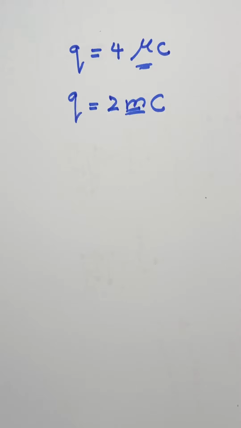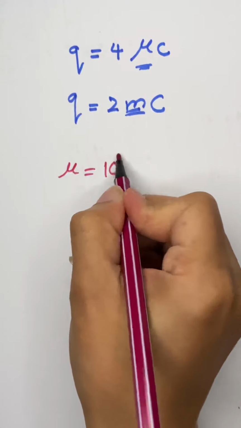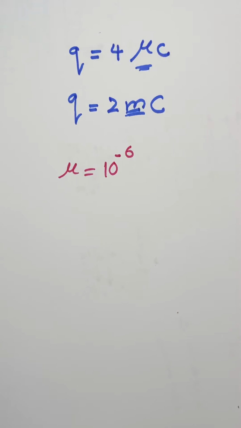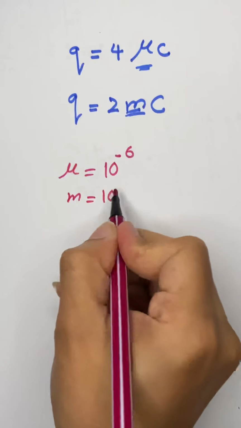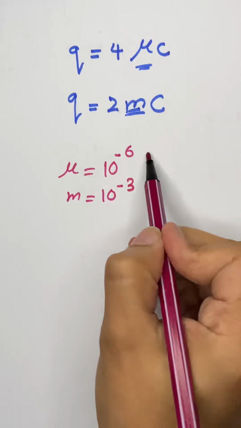You studied this. I will give you some examples, and I will insert a picture of the prefixes so you can use it. Micro is equal to 10 to the minus 6, and milli is equal to 10 to the minus 3. You have some others too, for example femto and nano, and all this I will insert for you.